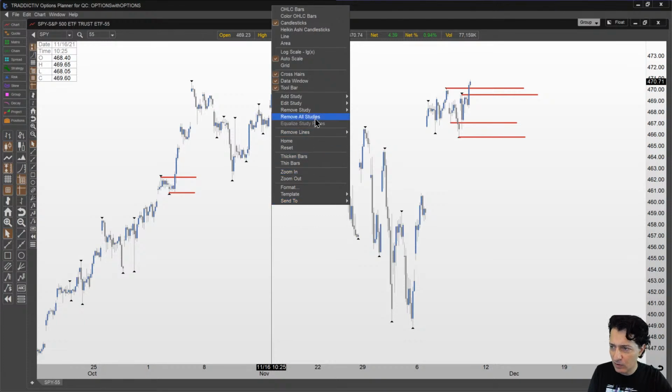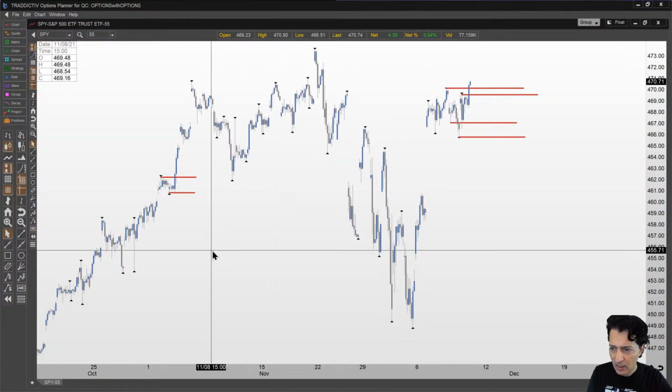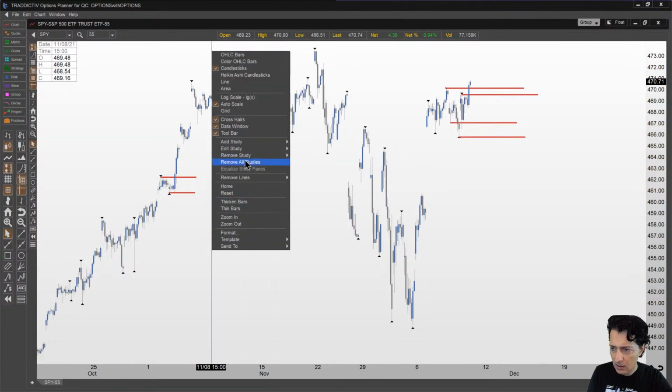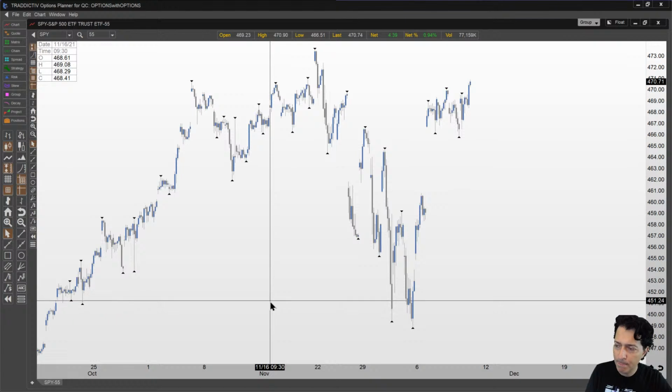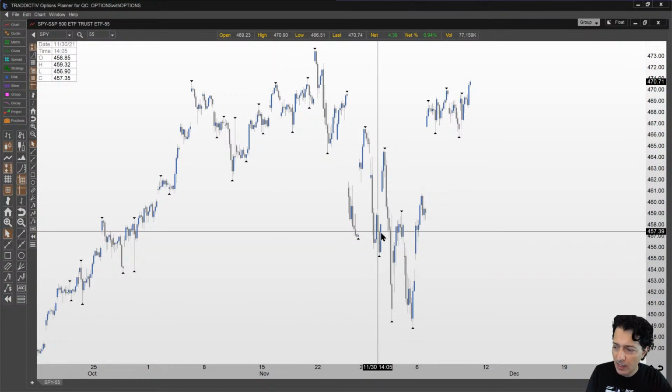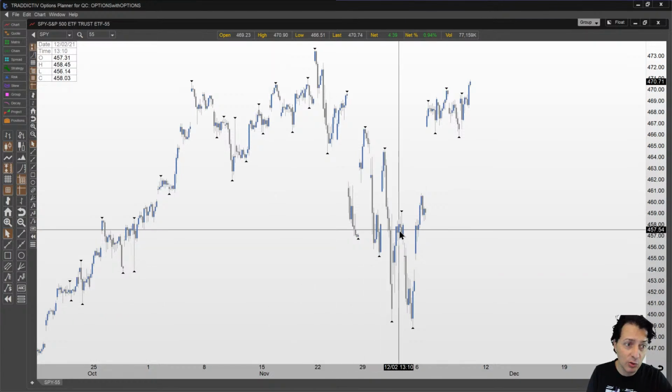Questions about the pivots? Oh, and there is one more thing I wanted to mention before I take questions about the pivots. Let me go ahead and delete the lines. Okay, and there is one more application that could be very useful as well for pivots, which is, we talked about trailing stops earlier.